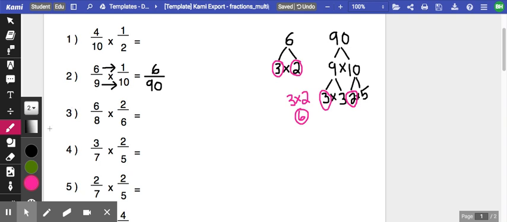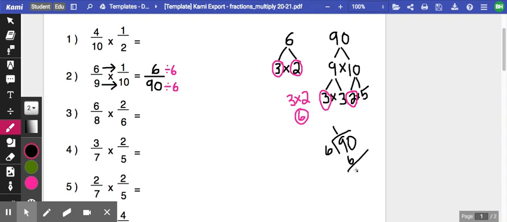So that tells me I can divide both of these by 6 in order to simplify my answer. Divide by 6. Well, let's say you don't know exactly what 90 divided by 6 is. You can do it the long division way. There's nothing wrong with that. On your scratch paper, do 90 divided by 6. 6 goes into 90 one time. 1 times 6 is 6.